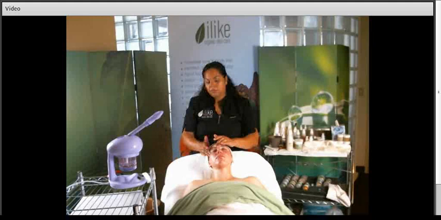Now, after your extraction, I highly recommend that you use a soothing anti-inflammatory mask and also a serum. That will be very helpful for reducing inflammation and helping to reduce the amount of oil that's produced in the skin.